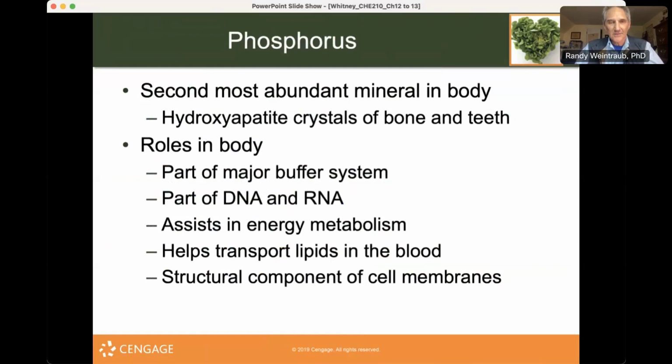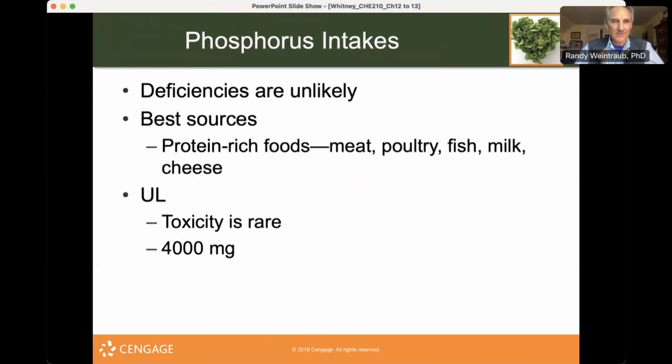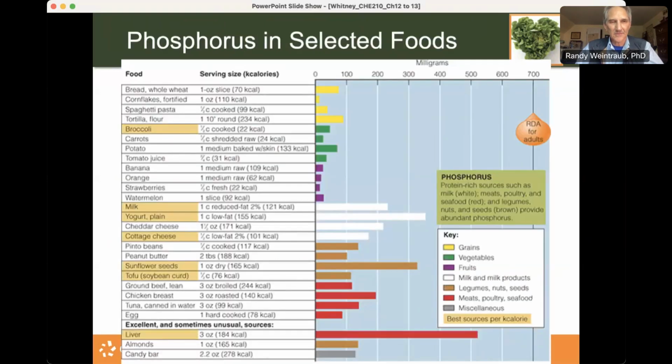It's a structural component of membranes. Deficiencies are unlikely, fortunately. Phosphorus is in protein-rich foods, and a variety of them is good intake of phosphorus. So a variety of good sources and a well-balanced, variety-filled eating pattern.